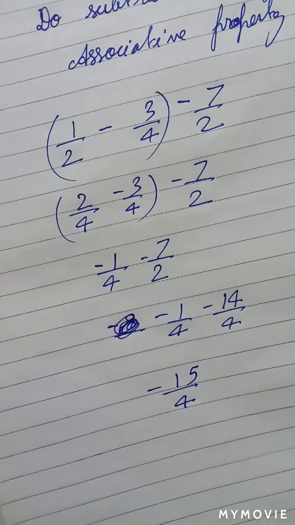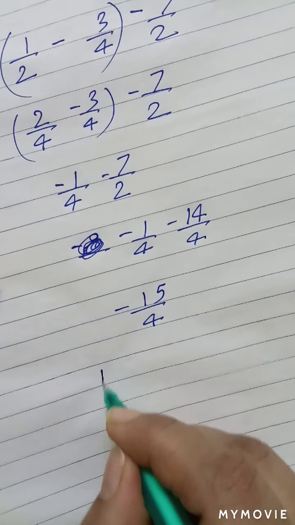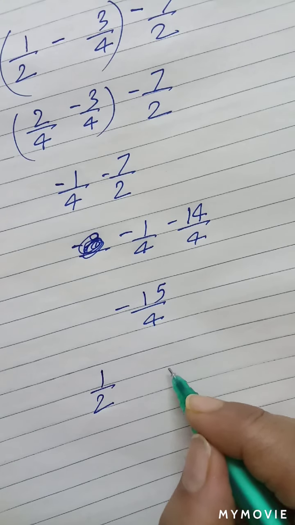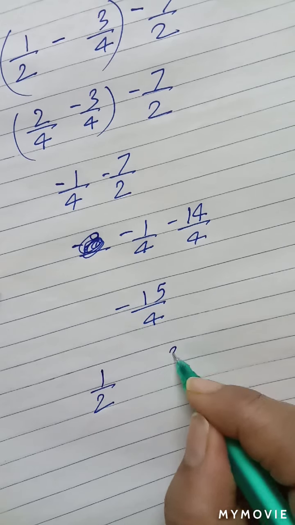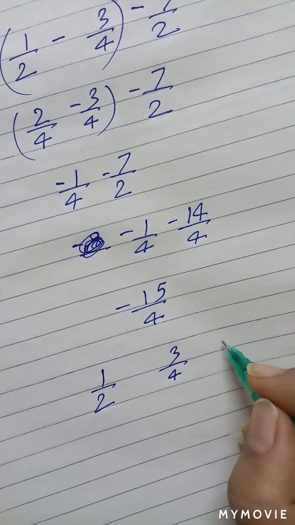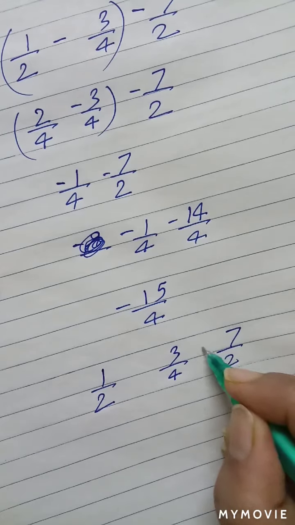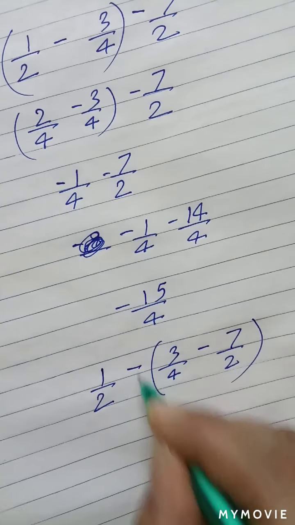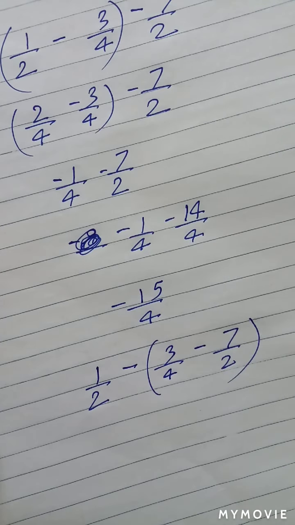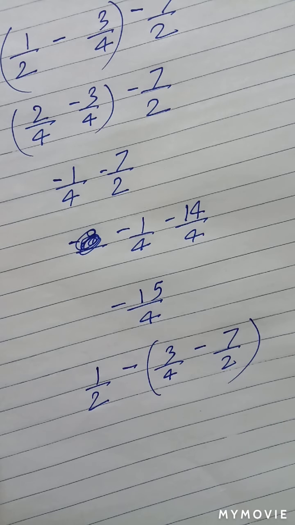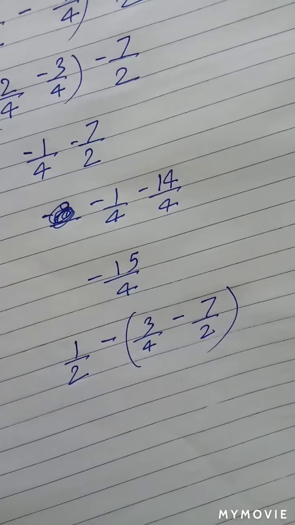Now let's do one thing. We will group different members together, and 7 by 2. This time I'll group 3 by 4 and 7 by 2 together. Let's do the operation.